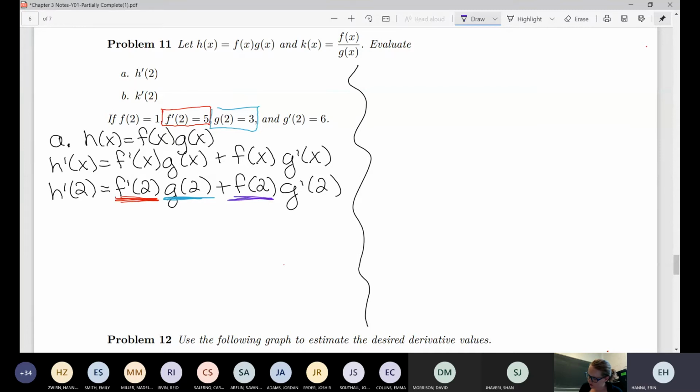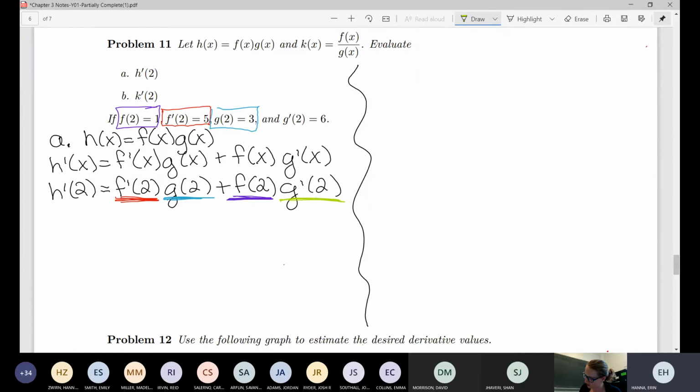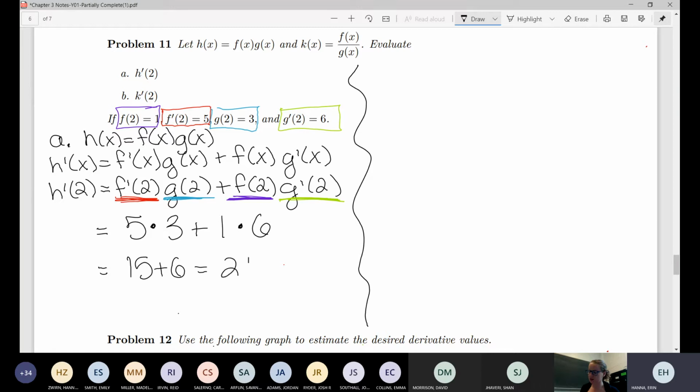We need f of 2, which is 1. And we need g prime of 2, which is 6. So we have 5 times 3 plus 1 times 6. So 15 plus 6 is 21.